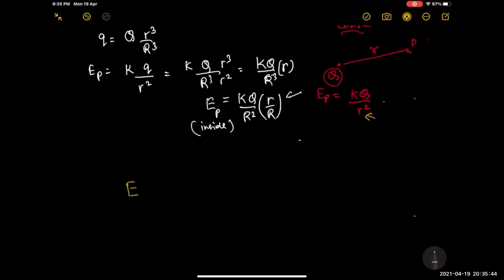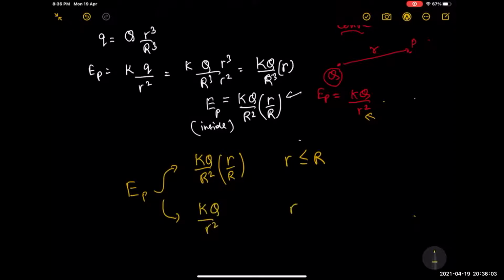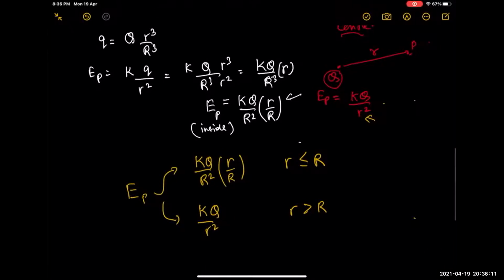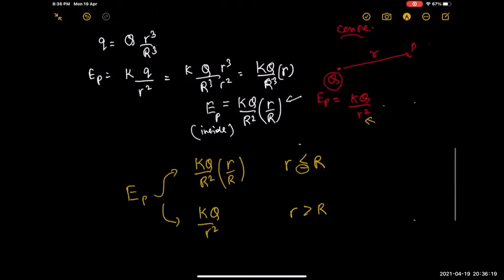E at point P is this function: K capital Q by R square into r by R if r is less than or equal to R, and it is equal to KQ by r square if r is greater than R. And this function is continuous because when you put r equal to R, both of these functions are the same. You can put the equality sign here as well, because the function is continuous.